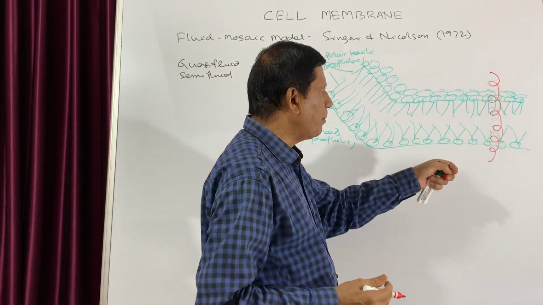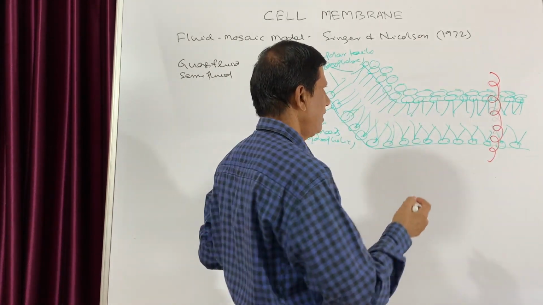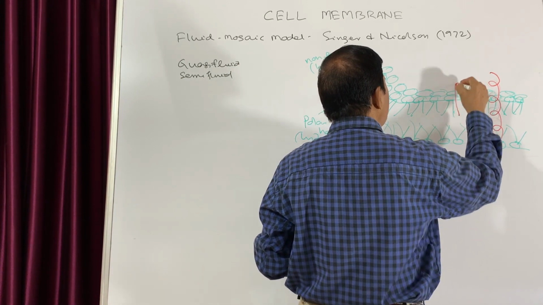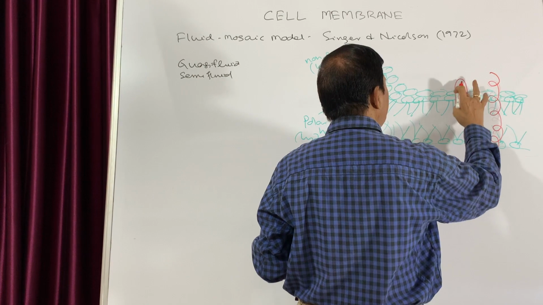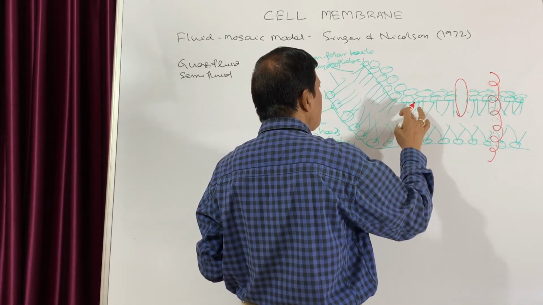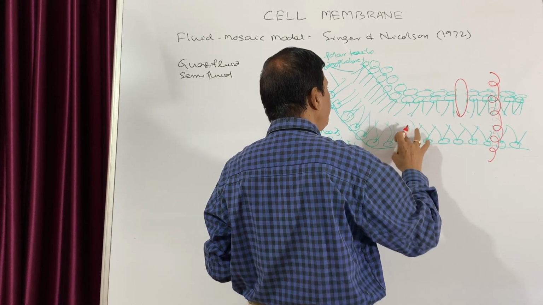Suppose here one protein is there like this. This protein completely spans both sides. Similarly, there may be another protein which is partially embedded. This is partially embedded. And here there may be one that is fully embedded.